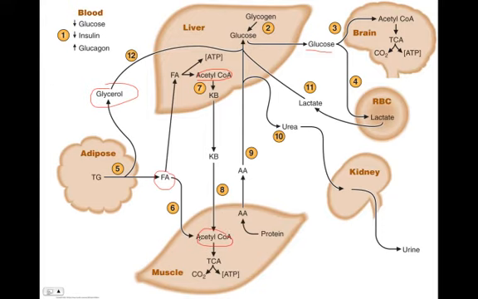Acetyl-CoA in the skeletal muscle is oxidized by the TCA cycle to generate ATP, and acetyl-CoA in the liver is also oxidized by the TCA cycle, but can be used as a substrate to synthesize ketone bodies.